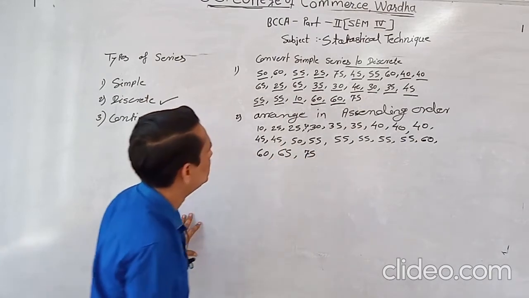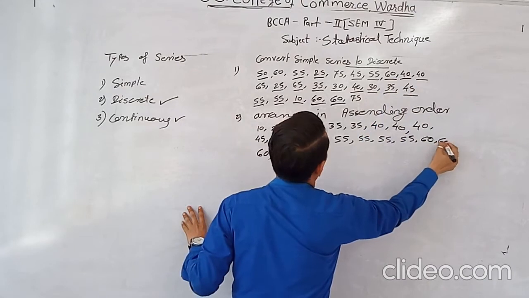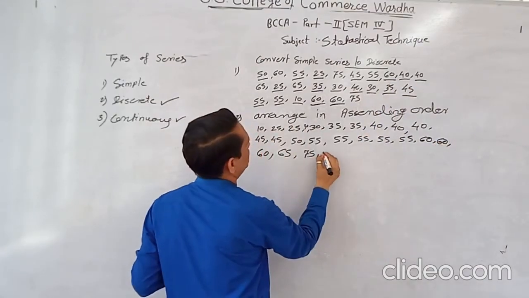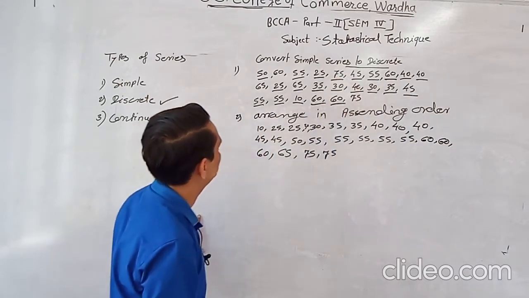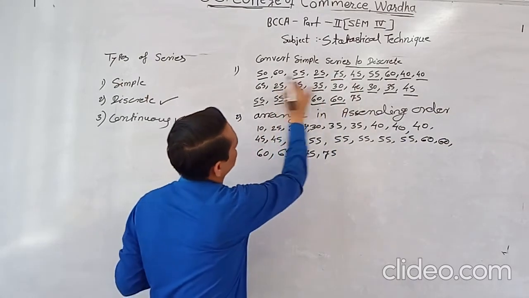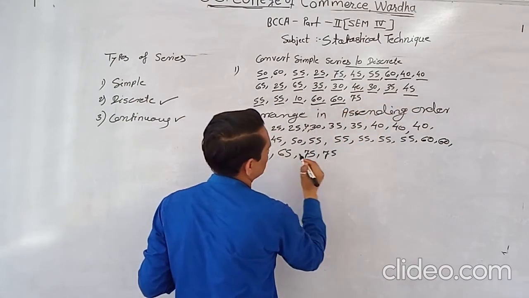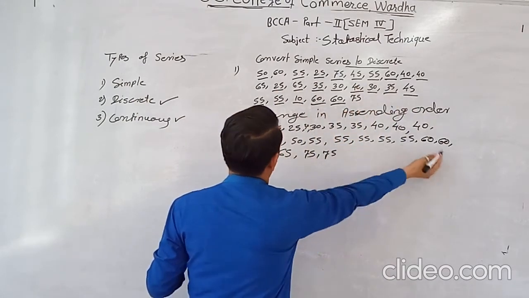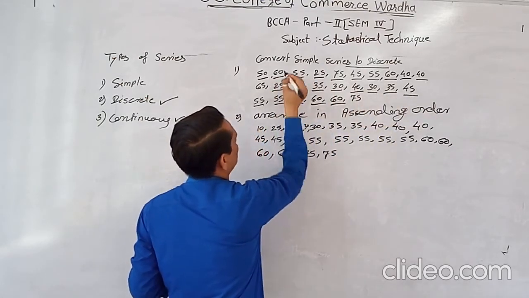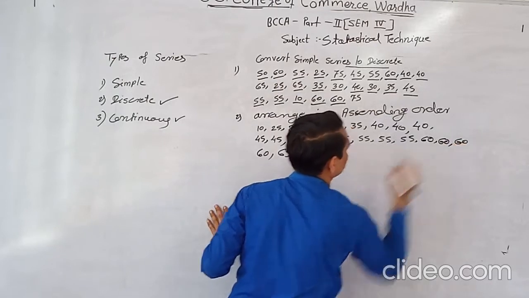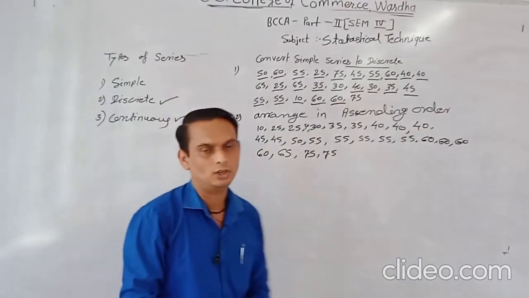We have again 60 and 75. So this way we arrange the data in ascending order.